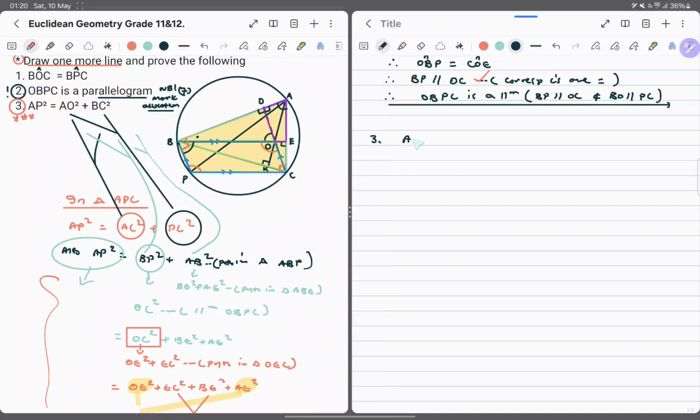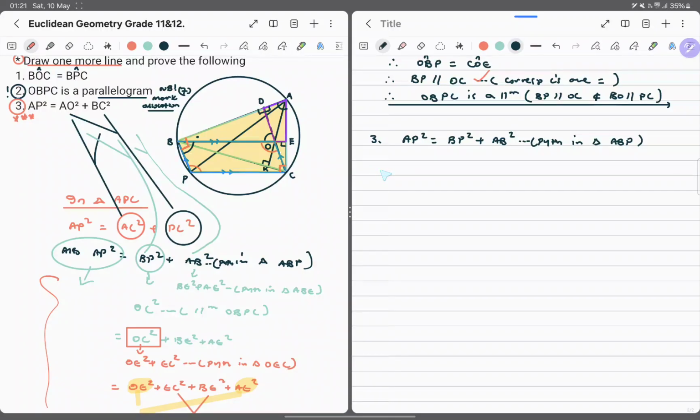I'll just say AP squared is equal to BP squared plus AB squared. Okay, this is the Pythagoras theorem in triangle ABP.